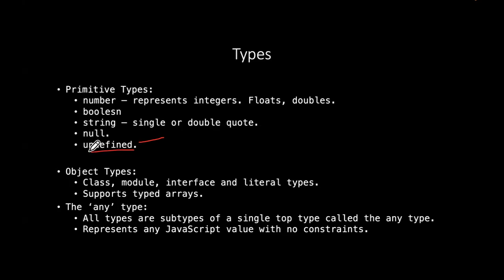So the answer is an uninitialized variable in JavaScript is assigned the undefined value. It's probably badly named, and it goes way back to the origins of the JavaScript language. But it simply means that a variable that has the undefined value has not been assigned any value yet. It's not so much that it's not defined, it just hasn't been assigned an initial value.